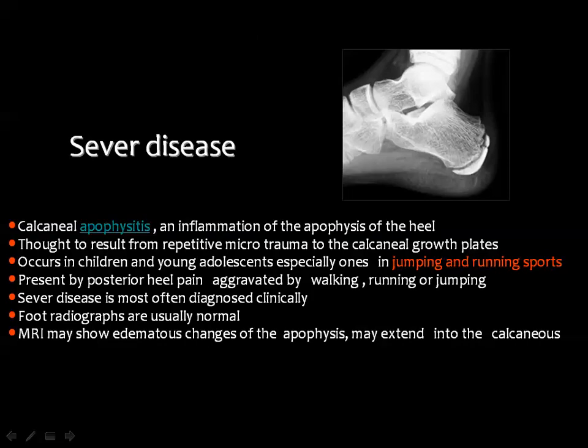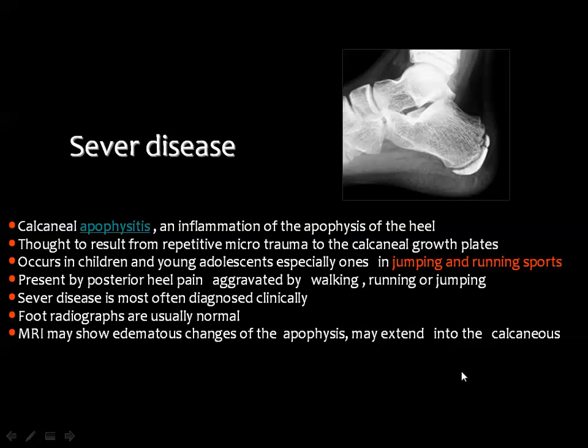Then Sever disease is an affection of the calcaneal apophysis, and many of the lesions are not seen by plain X-ray. They are better appreciated by MRI. This occurs in children and young adolescents, especially those who are performing jumping and running sports.